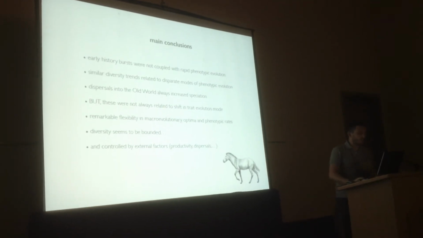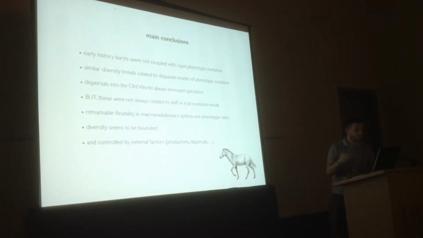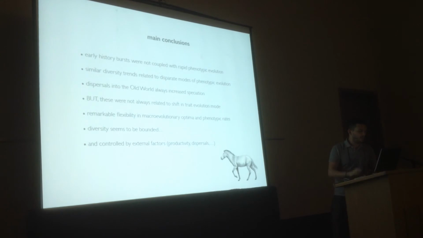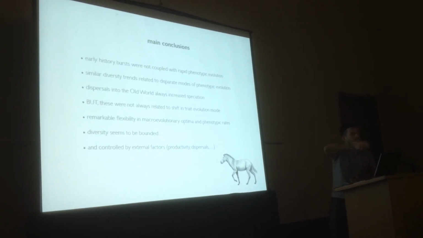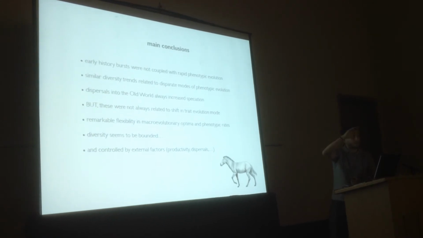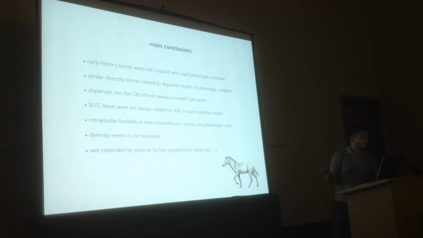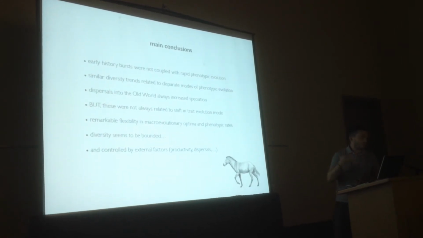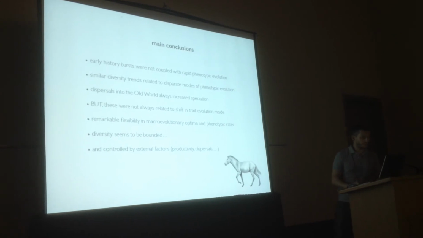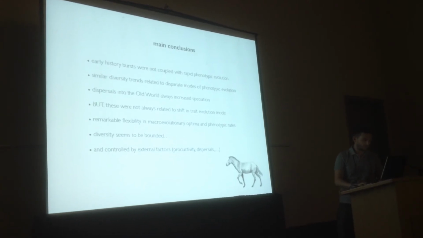We see that there is a remarkable flexibility in these optima and in phenotypic rates, but in any case, the diversity trends that we see here seem to be bounded because we see these plateaus in all the cases, and probably controlled by external factors like, for example, early Miocene productivity or landscape heterogeneity, which have been proposed as factors. And also we have seen that dispersals here are minor factors promoting diversification.